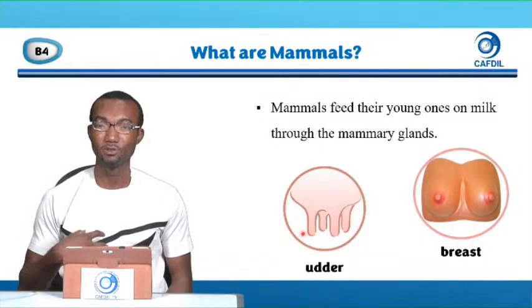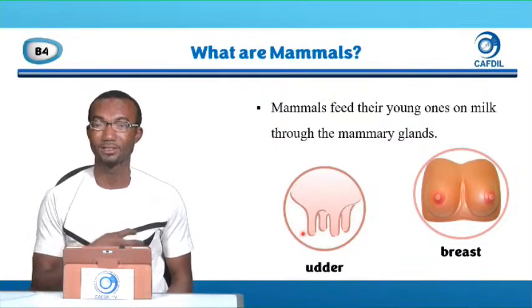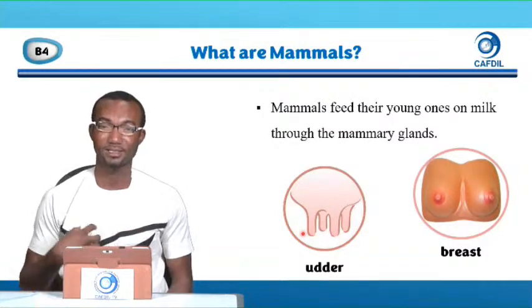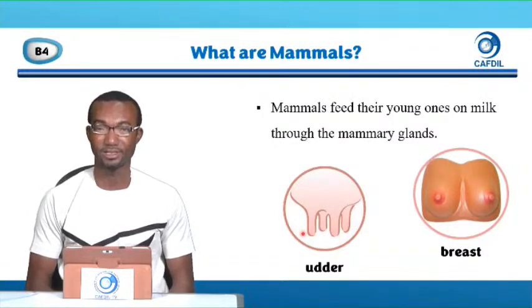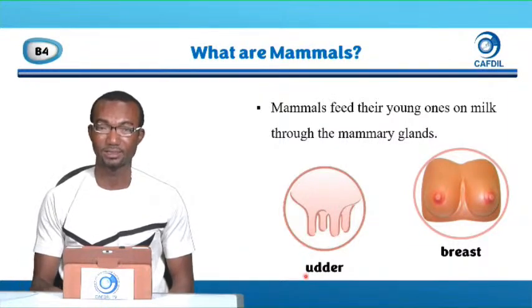Humans and a few other animals have their mammary glands located on their chest, and we call it breasts. So mammals feed their young ones on milk through the mammary glands.